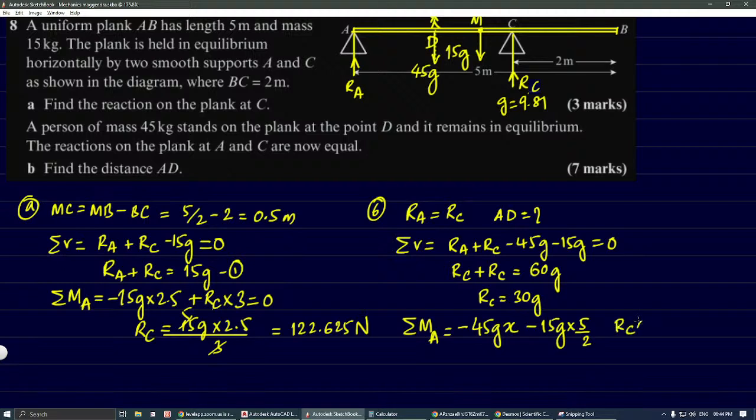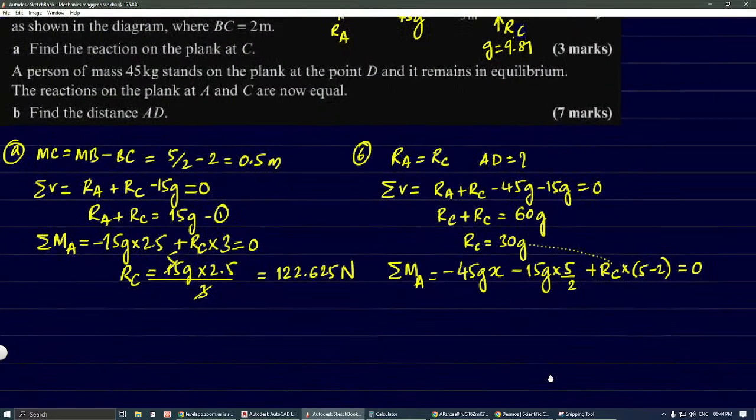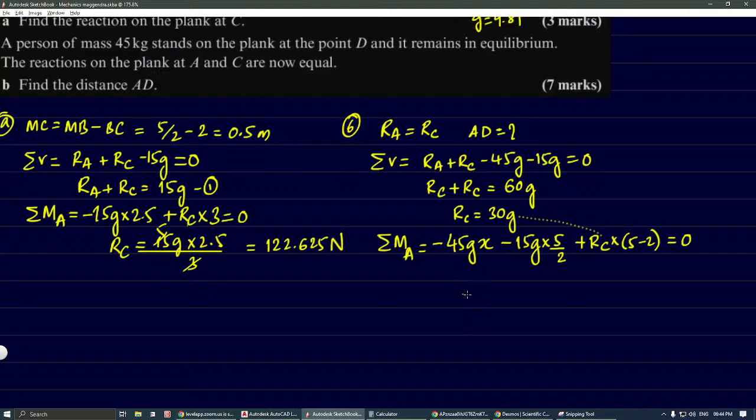And then RC times that distance, 5 minus 2. This one is anti-clockwise, so plus. Total should be 0. So substitute the RC value from here. You will get the value of X.